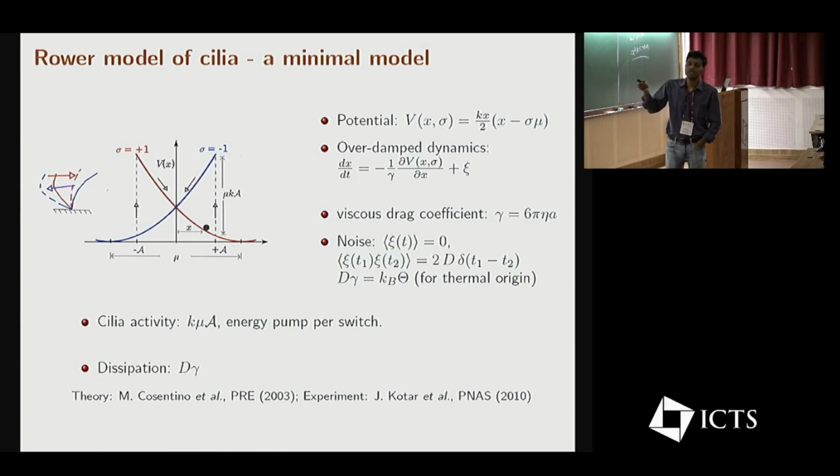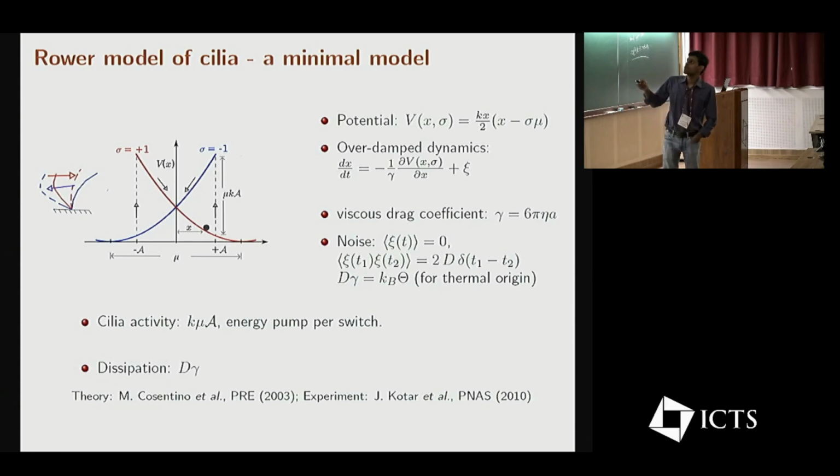The stiffness of the potential is K. Switching is effectively like pumping energy. The energy pumped, the difference between these two potentials, is K mu A, so this is the activity energy. If you increase mu, K, or A, you are increasing the activity of the cilia, and you have the dissipation due to the drag coefficient gamma.